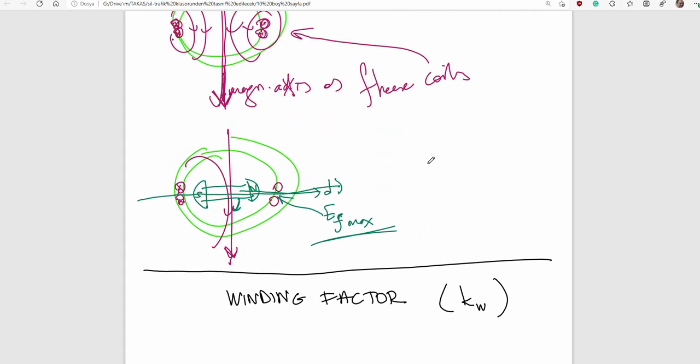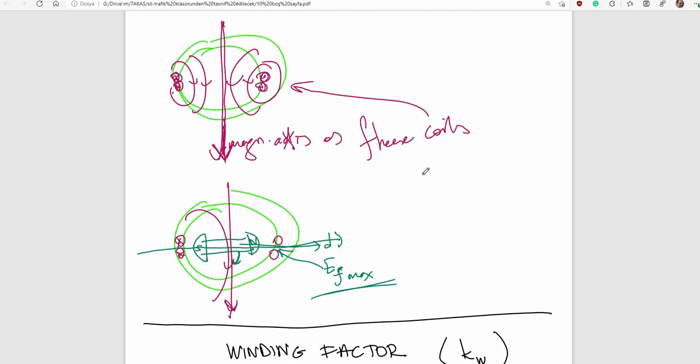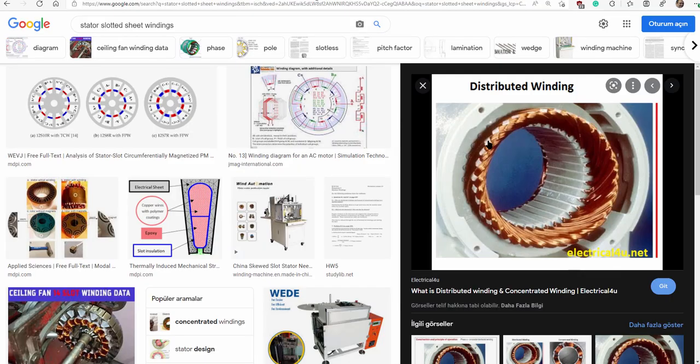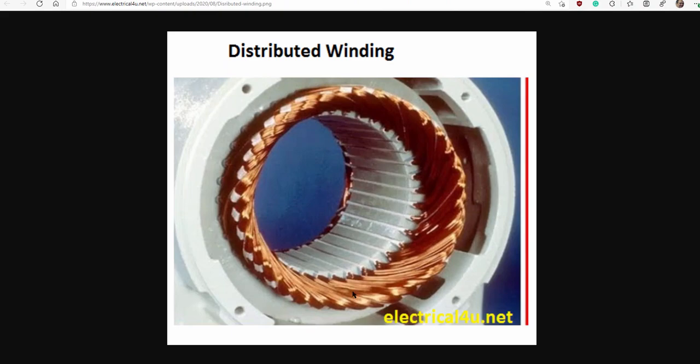Okay, in fact there are two major properties of AC windings in rotating machines. Two different properties. One is, as you see from the picture, that windings in a rotating machine are distributed along the slots in the stator and connected in some manner, generally connected in series to construct a winding.